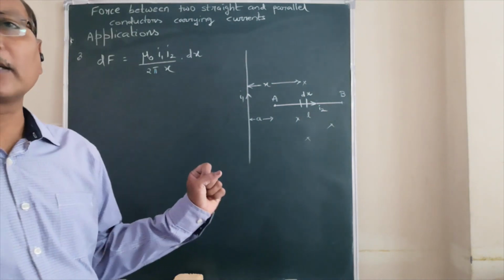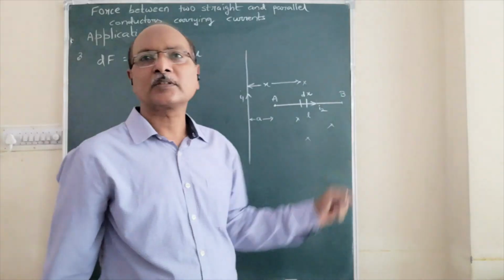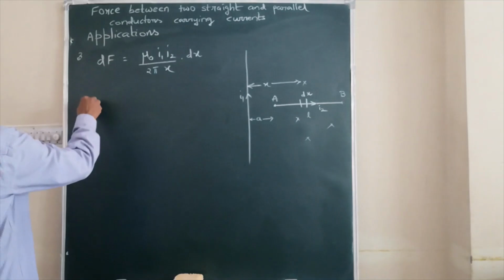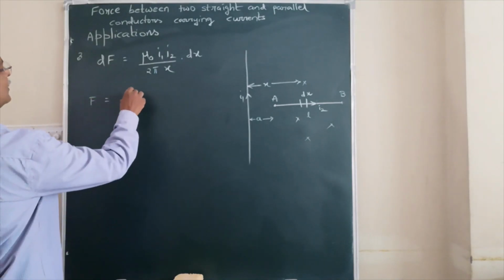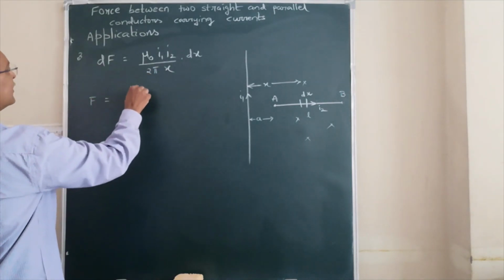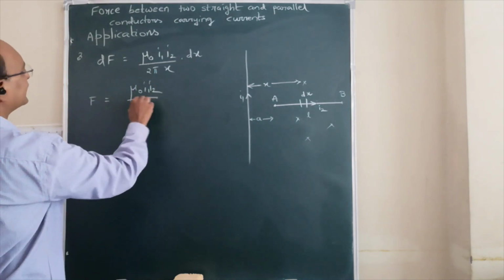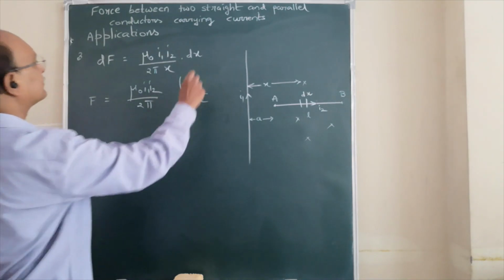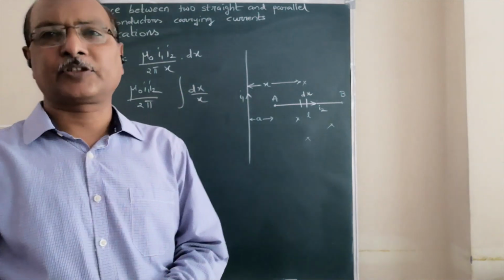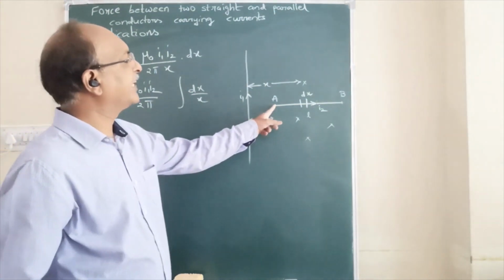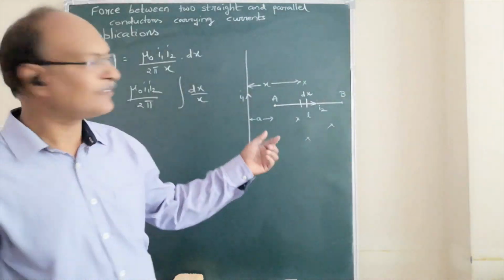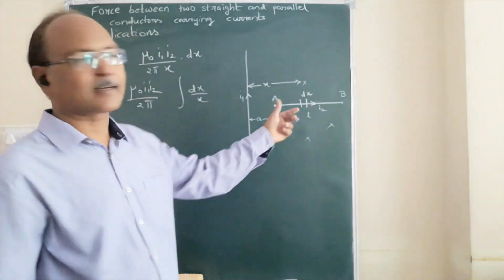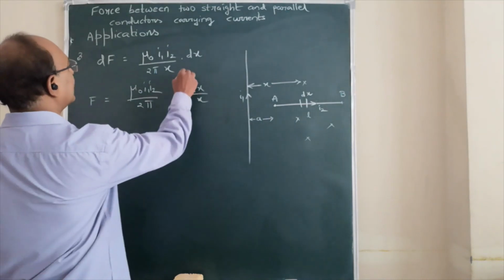Now we have to find the total force acting on this conductor, so we have to integrate between the limits. The total force will be, taking constants outside, mu naught I1 I2 by 2 pi, integration of dx by x. Here x will be changing from A to A plus L, where L is the length of the conductor.